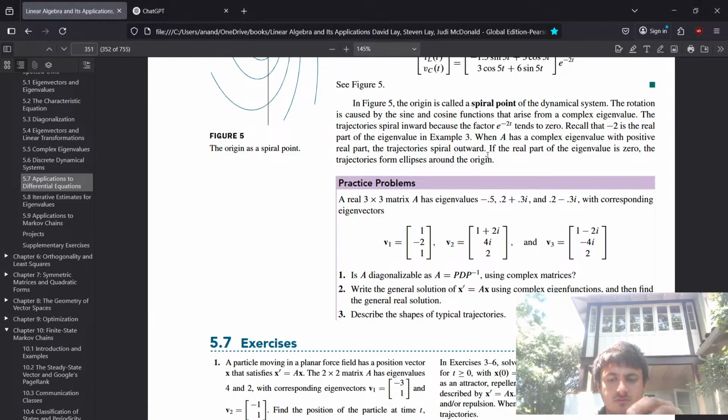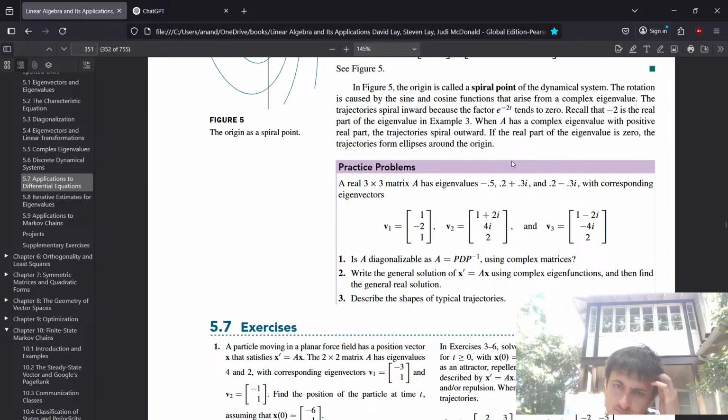Complex numbers are crazy, dude. Okay, so I'm going to say yes.